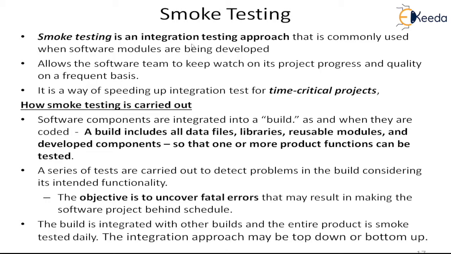What we saw: integration testing is done when a new development is happening, and after the unit test of some modules, you start integrating them and do the integration testing. Then you need to have a regression test, because when you are integrating, some old path which you have already tested may get affected. That is called the side effect. To test the side effects, you are doing the regression testing.